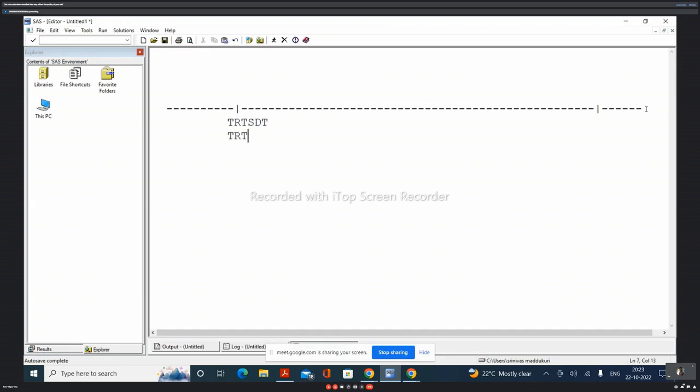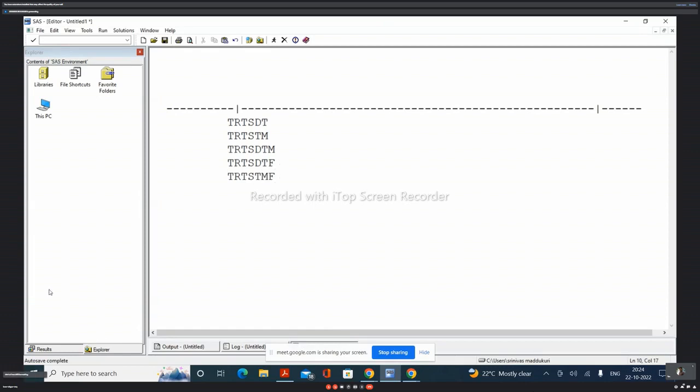Then TRTSTM, treatment start time, and TRTSDTM, treatment start date and time numeric. Then TRTSDTF, what is that? Start date imputation flag. Then TRTSTMF, start time imputation flag.